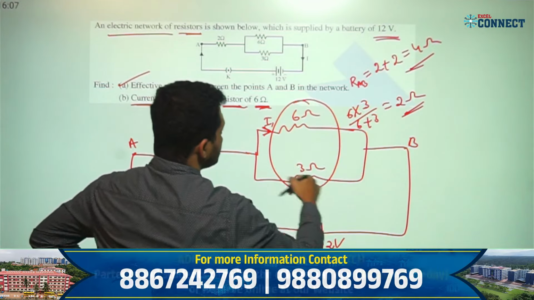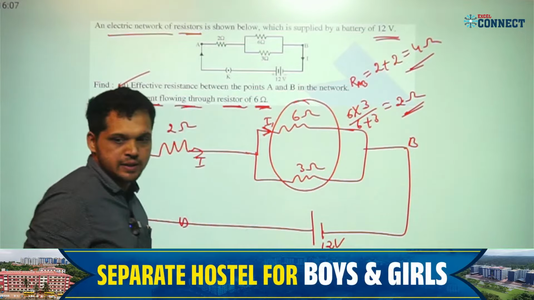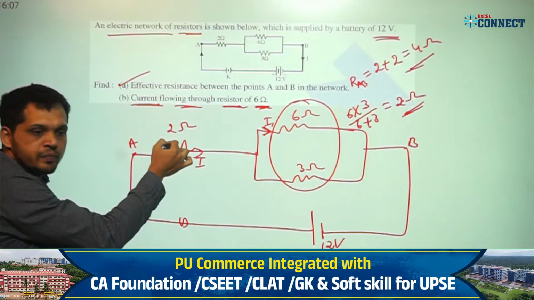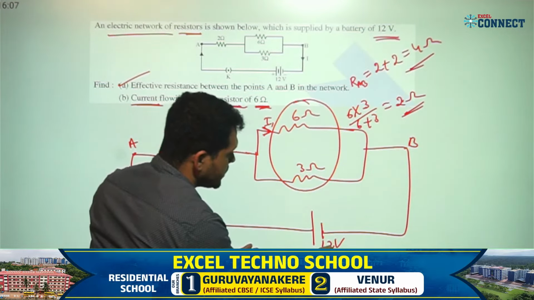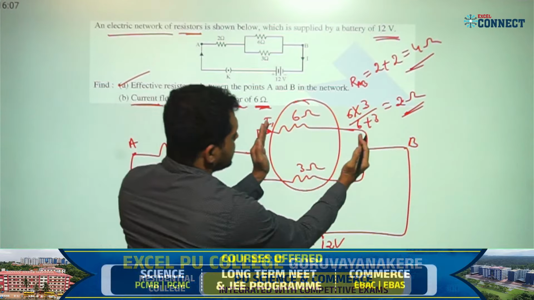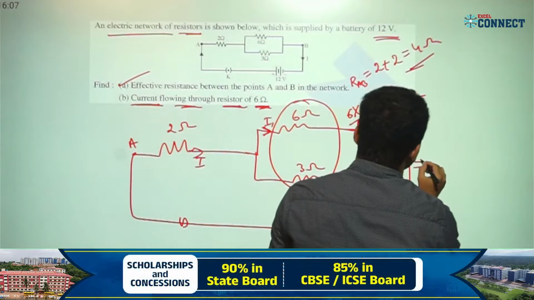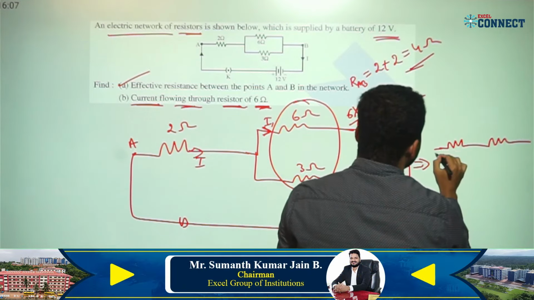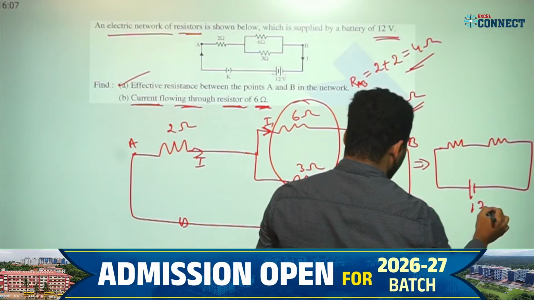What is the equivalent total resistance, students? What is the total resistance of this combination? 2 ohm, right? And another resistance here, 2 ohm. What is the supplied voltage? 12 volt is the supply. I'll write this equivalent circuit as one 2 ohm, another 2 ohm connected to a battery of 12 volts.